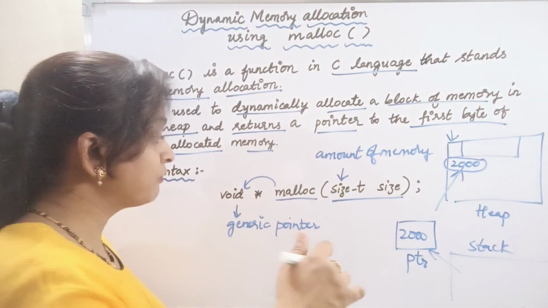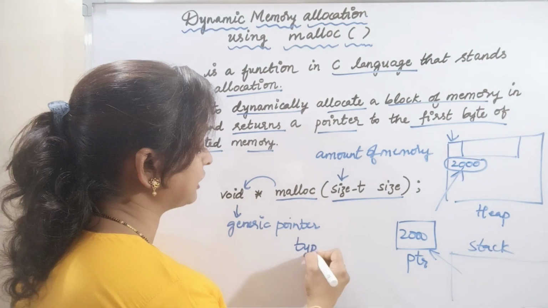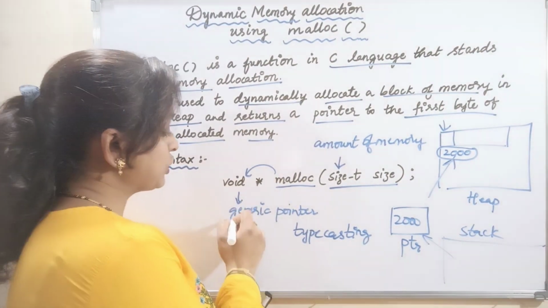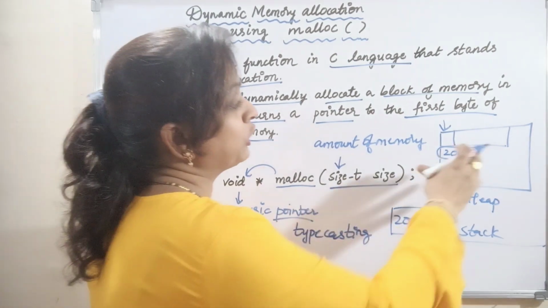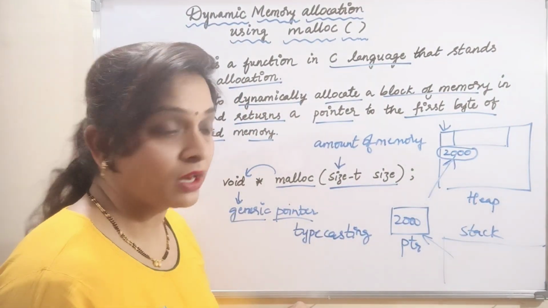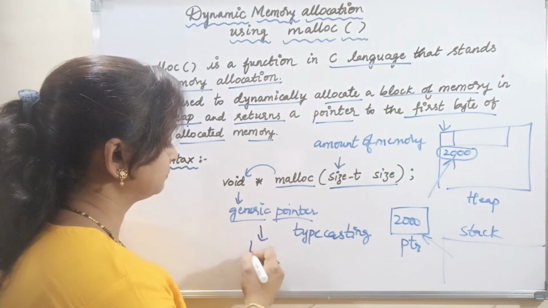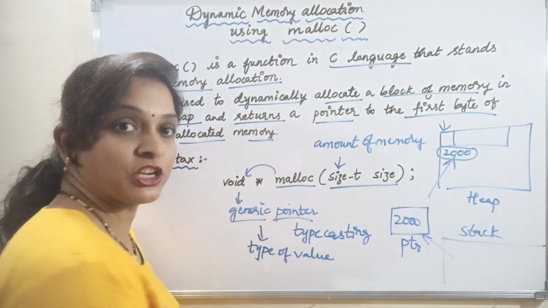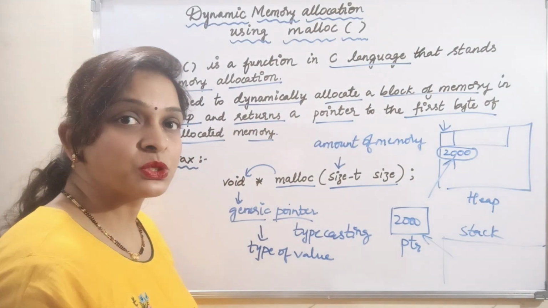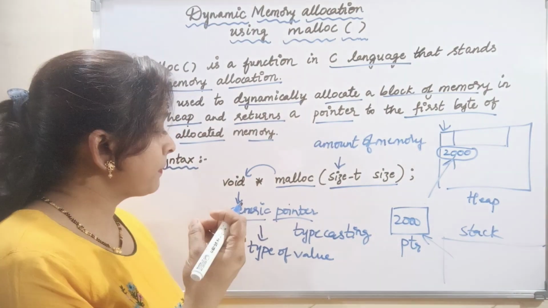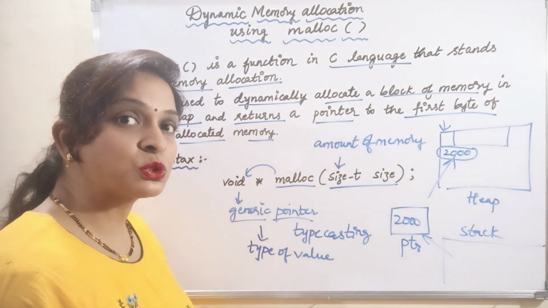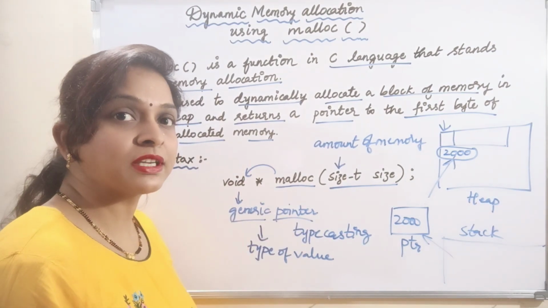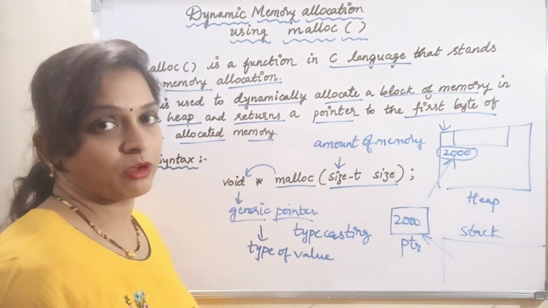So later we will be typecasting that, because a generic pointer can point to a location that can store any type of value. Once I say I can store any type of value, the pointer should be capable of pointing to that location. Later the user can typecast that to the requirement.